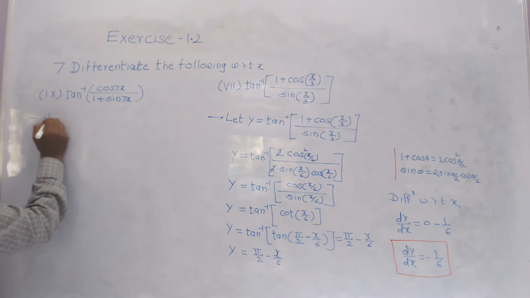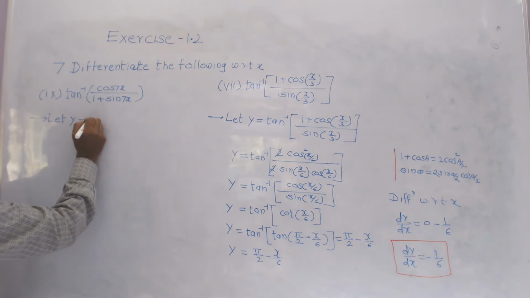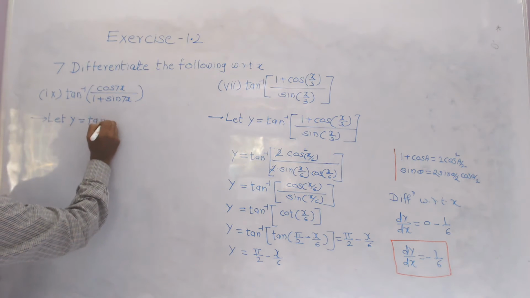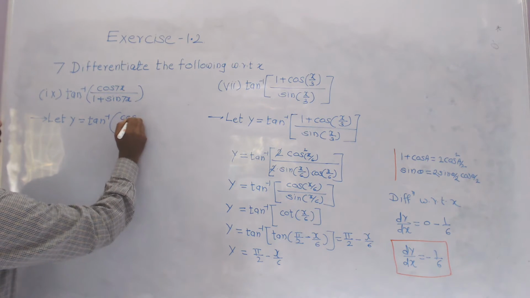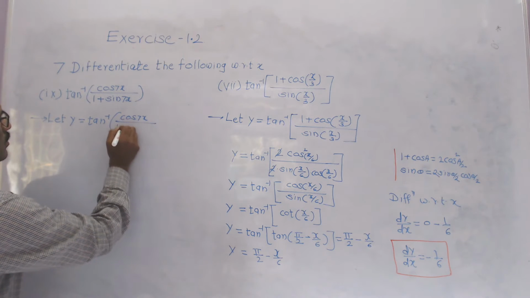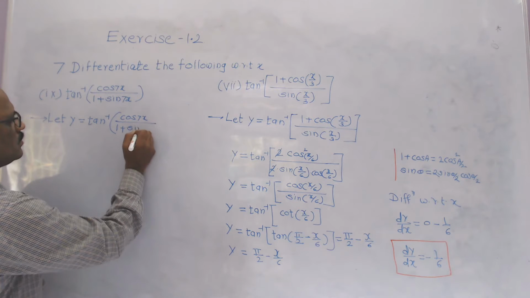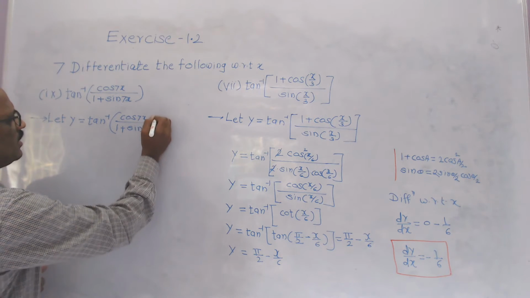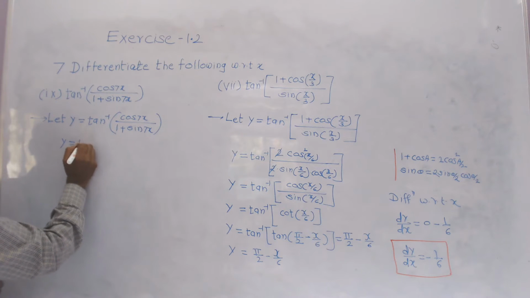Let y is equals to tan inverse of cos of 7x upon 1 plus sine of 7x.